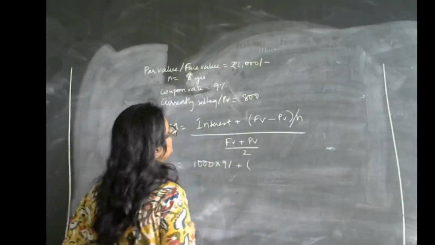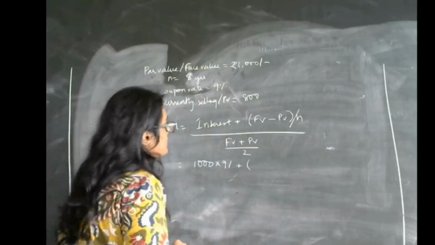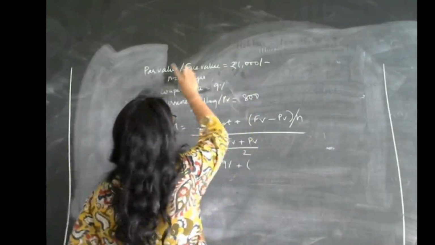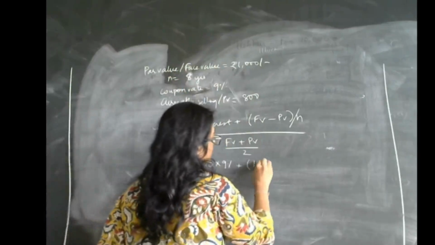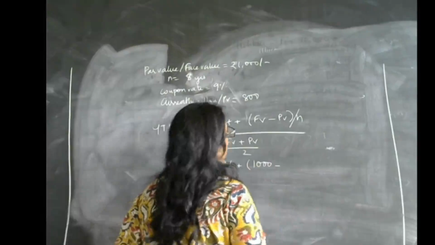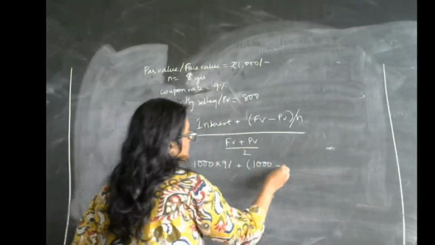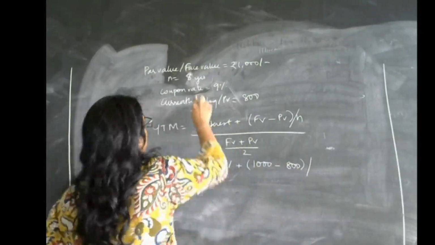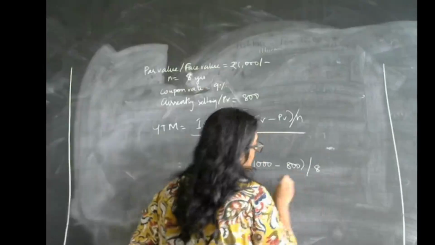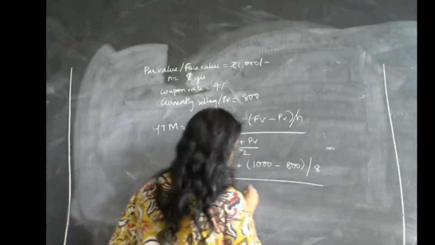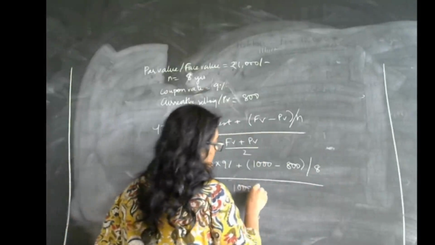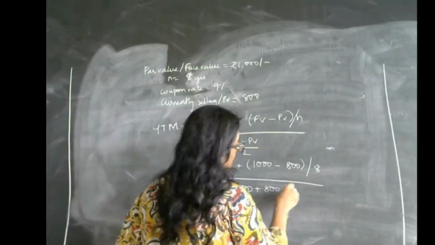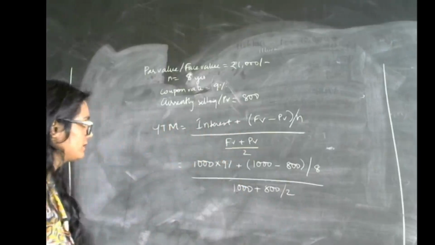The future value is 1000, since it is a par value bond. Minus the present value of 800, divided by N, which is 8 years. The whole divided by 1000 plus 800 divided by 2. That is the average returns.